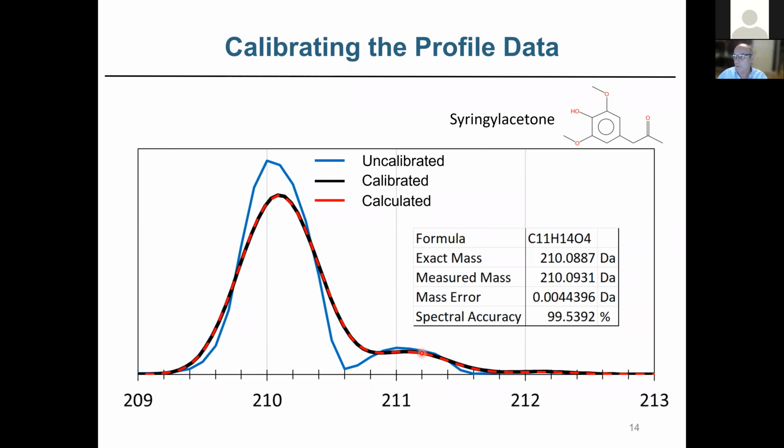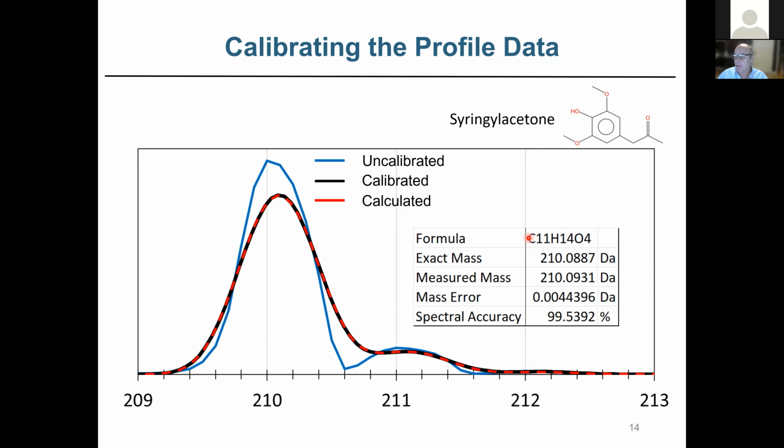We can actually write the equation down. That allows us to compare the calibrated data, since it's calibrated to a known line shape or peak shape, to the calculated data. And that is called spectral accuracy. If we can match that isotope pattern very accurately, it gives us another metric for formula ID.